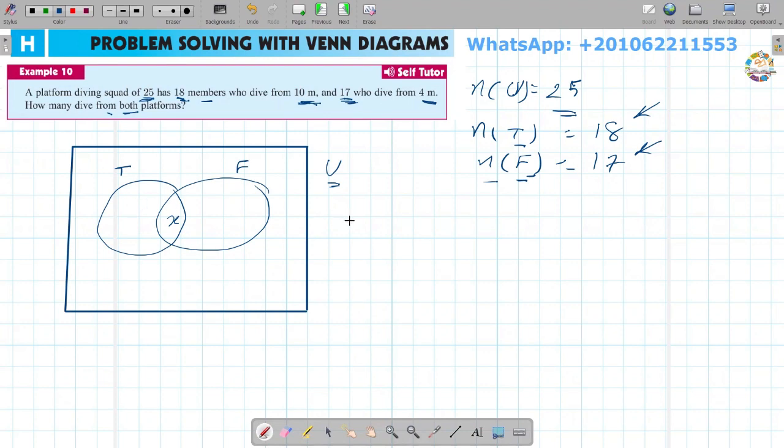What about the rest, which is T intersect with F complement?